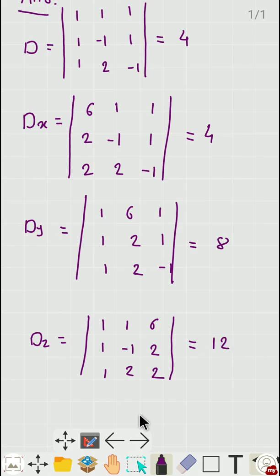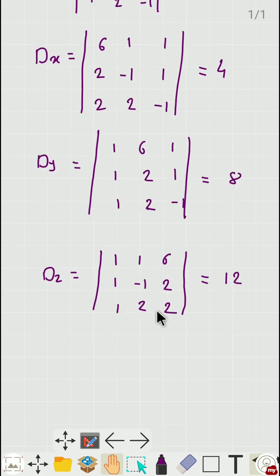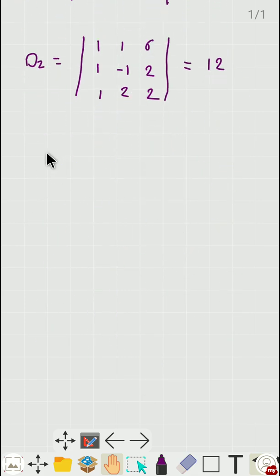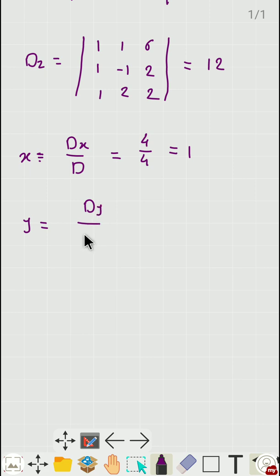Now after finding all the determinants, we can write the solution of the system of linear equations. First the value of x is equal to dx upon d, dx is 4 as we calculated before, and d is also 4. The value of x is 1. Then we find the value of y, and the formula for y is dy upon d. The value of dy is 8, and the value of d is 4.